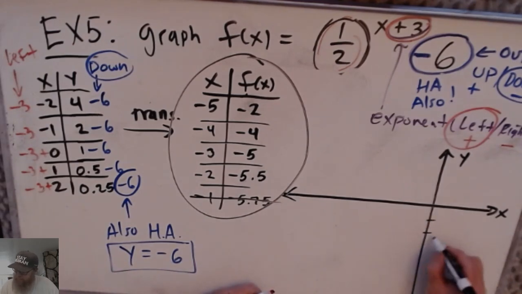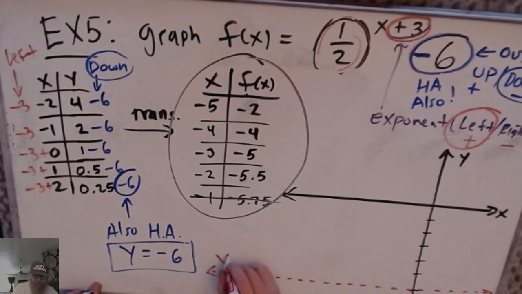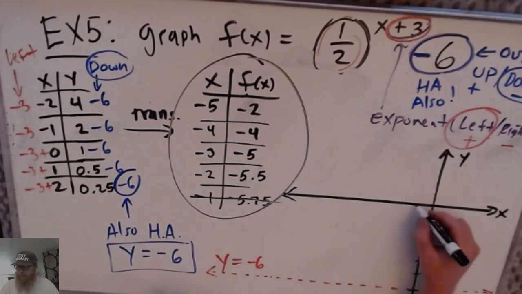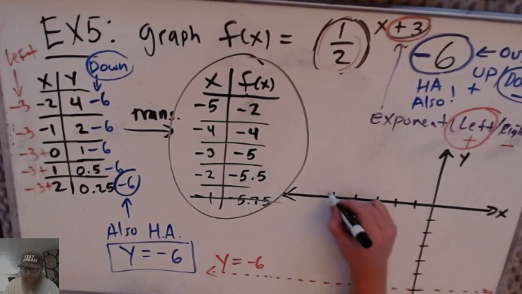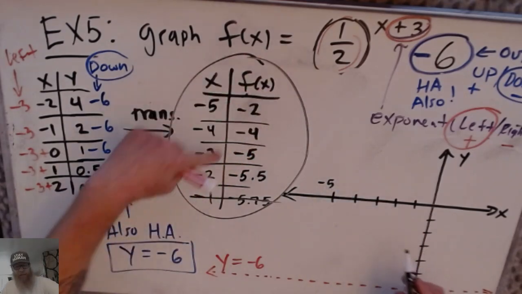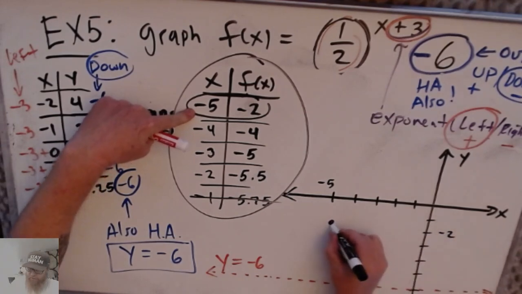So 1, 2, 3, 4, 5, -6. There's my horizontal asymptote. Okay, what else we got? Let's see, 1, 2, 3, 4, -5. So let's just pick a couple of these points, -5 and -2.